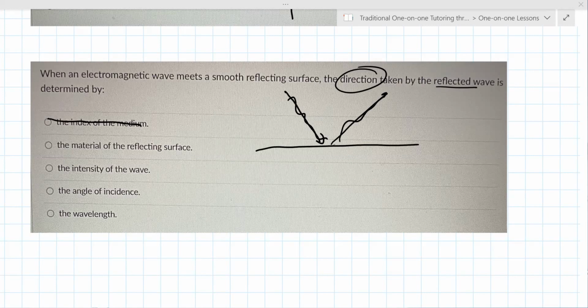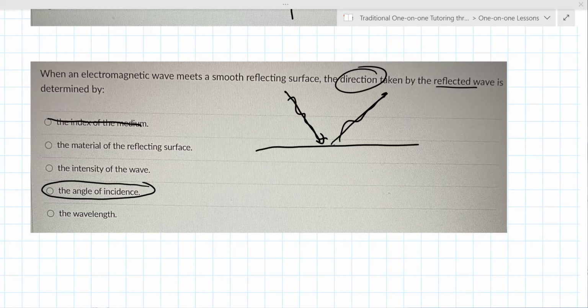So it's strictly the angle of incidence. Okay. Angle in, angle out, I guess. I mean, that seems very simple, trivial, but I don't have any other thing here.